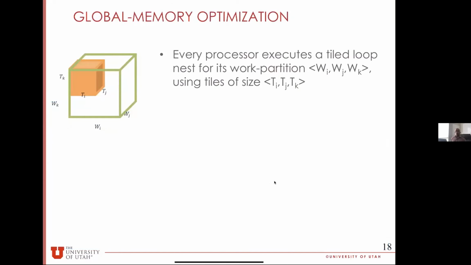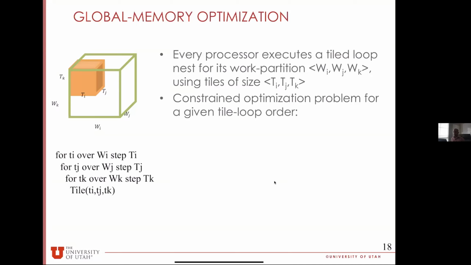So let me go over how this global memory optimization can be done using matrix multiplication as the example. Here we show a 3D iteration space for matrix multiply, where we have extracted just the subtile, or the work partition, that a particular processor is going to execute. It has sizes Wi, Wj, Wk, and then we're going to use tiles of size Ti, Tj, Tk.